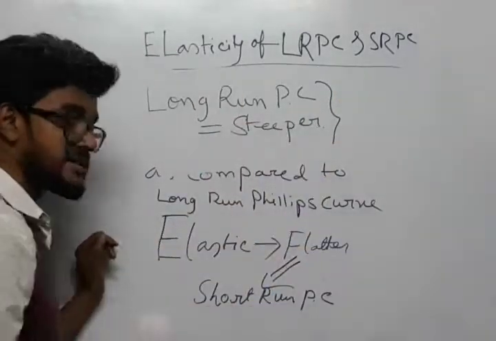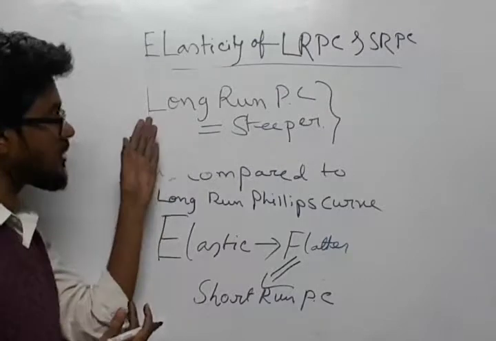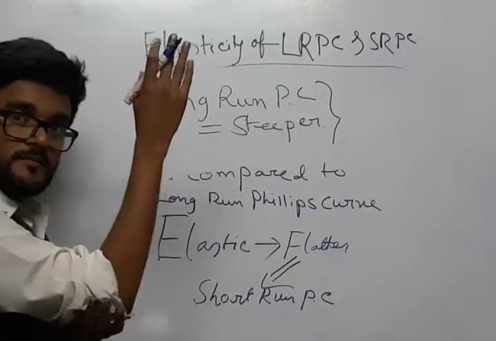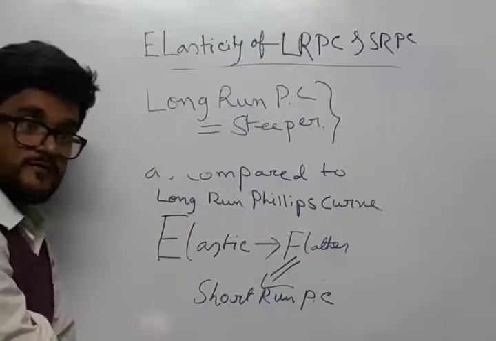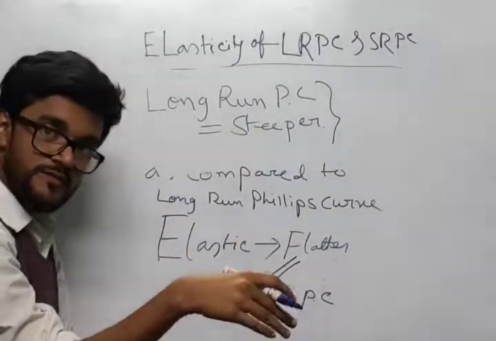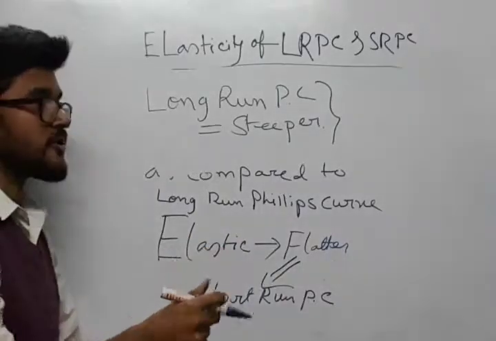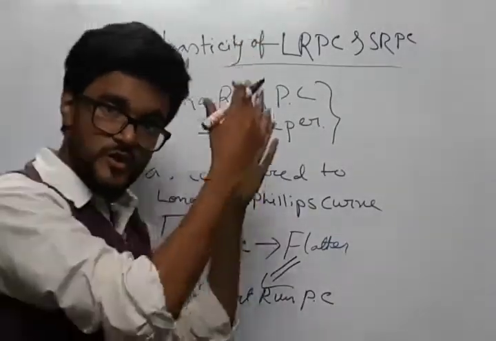So in this lecture, we first drew the short run Phillips curve, which is downward sloping, because the relationship between cyclical unemployment and inflation is always negative.